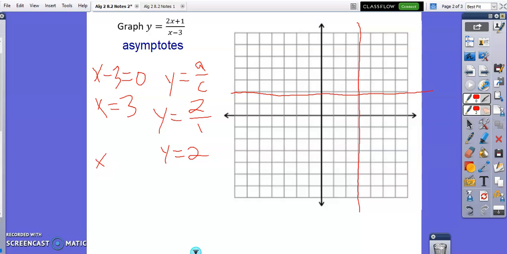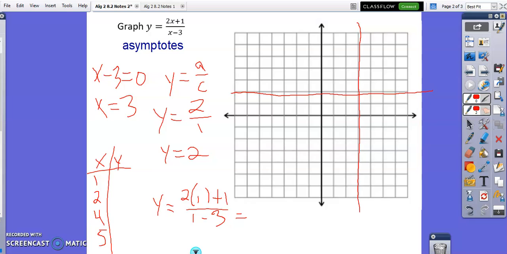So now just like yesterday, we're back to making an xy chart. Gonna pick some x values that are centered around x equals 3, maybe values like 1 and 2. Then I'm gonna skip 3, go for 4 and 5. So then we'll use input-output to see if y equals, and I'm going to put x is 1 in the problem. 2 times x is 2 times 1 plus 1, and then in the bottom x minus 3 becomes 1 minus 3.